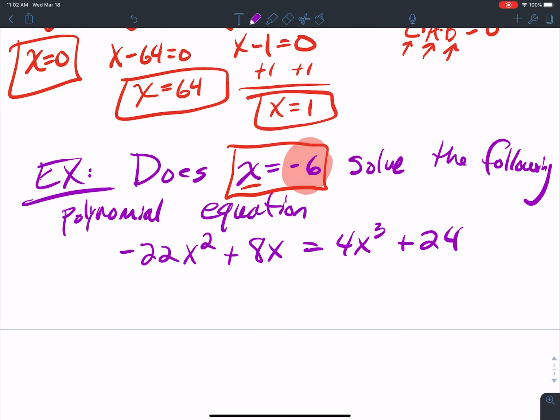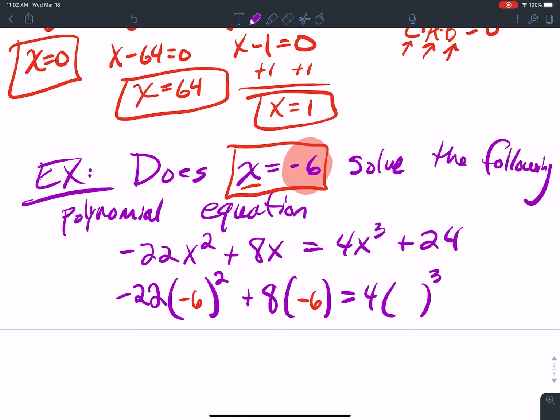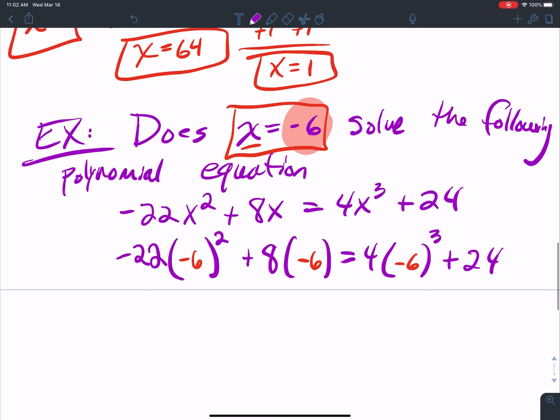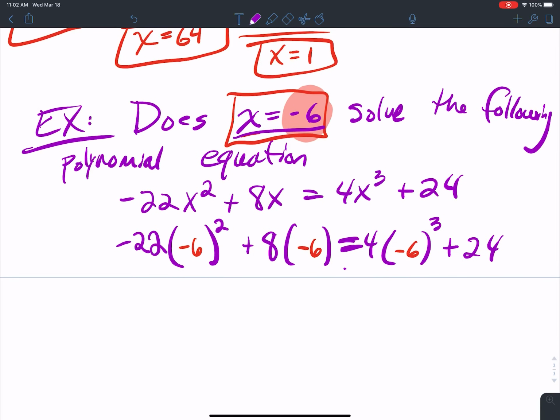So I've got -22, and then in parentheses -6, and I'm squaring it, plus 8 times parentheses -6, equals 4, and then in parentheses cubed, we've got -6, plus 24. Now, in order for this to be a solution, I need the left side equal to the right side. So we just need to plug this into the calculator.